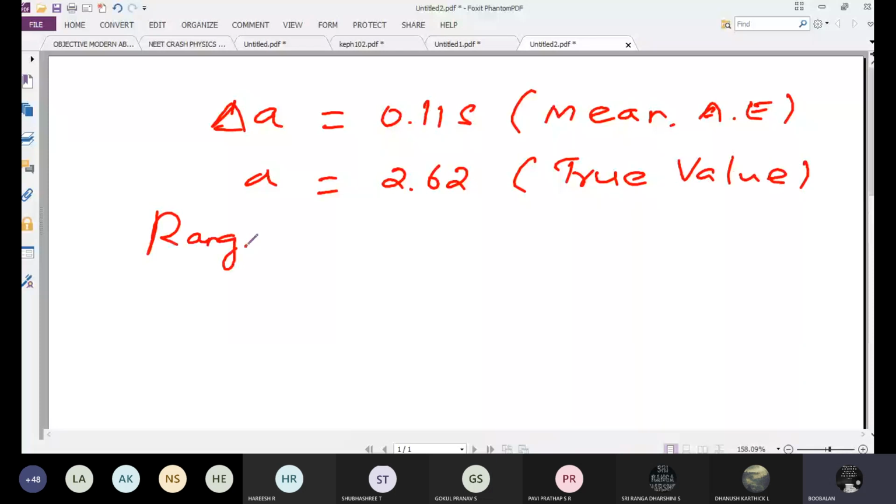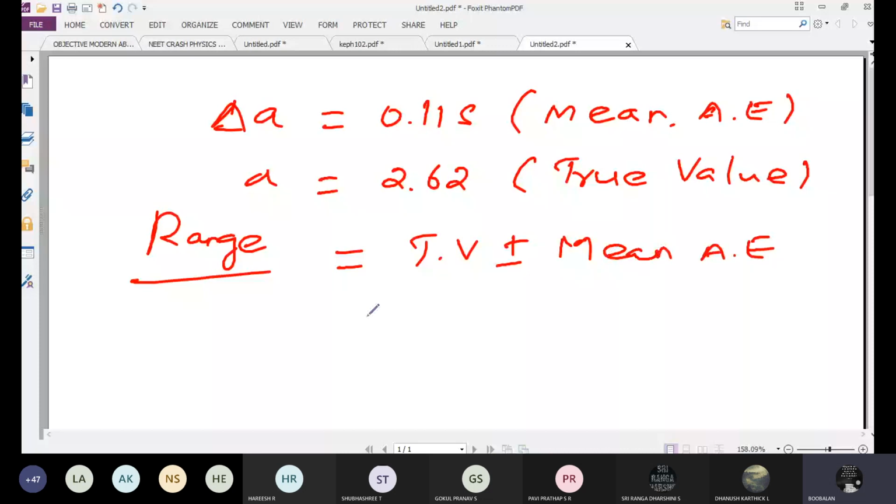The range formula is true value plus or minus mean absolute error. So true value 2.62 plus or minus 0.11 seconds. This is the range. So absolute error completed, mean absolute error completed.